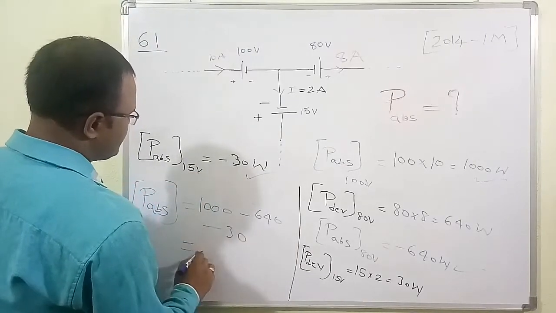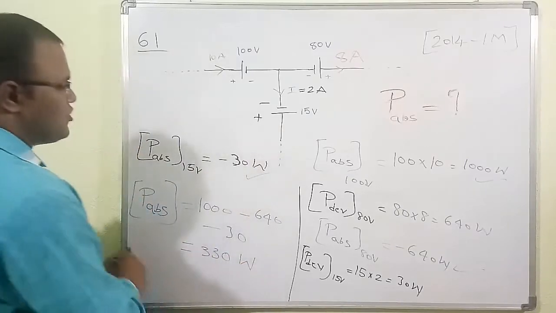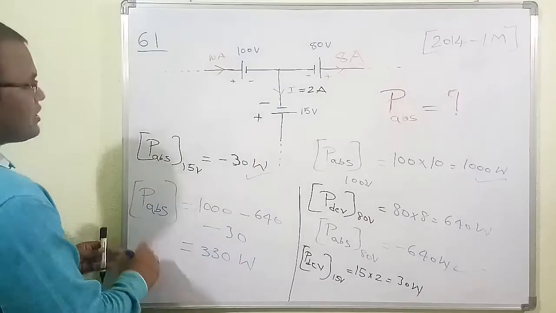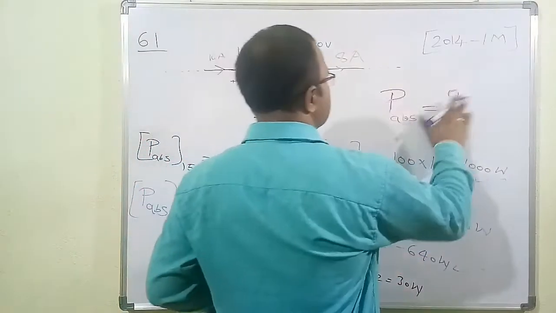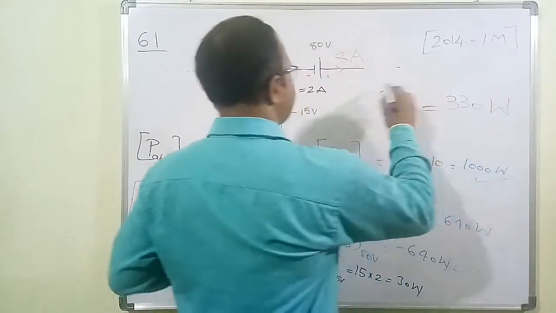If you do the calculation, you will get 330 watt as the final solution. Therefore the power absorbed by these three elements is 330 watt.